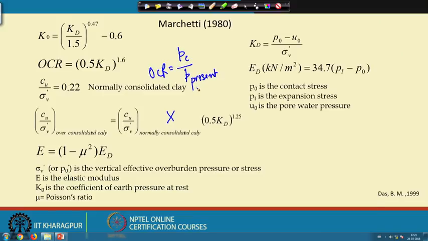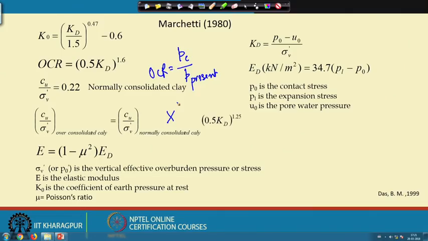Now, for the over consolidated clay, this value is greater than 1, and for the normally consolidated clay, OCR is taken as 1. So, now these are all the expressions that we can use.